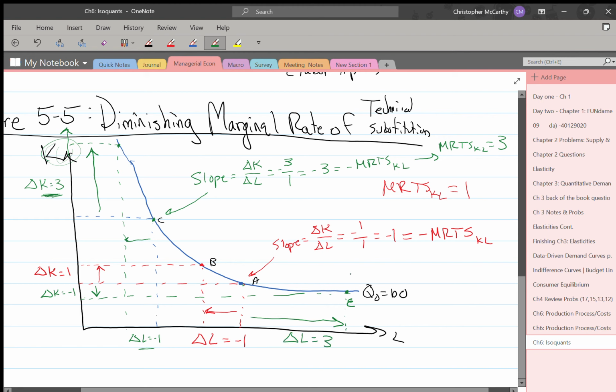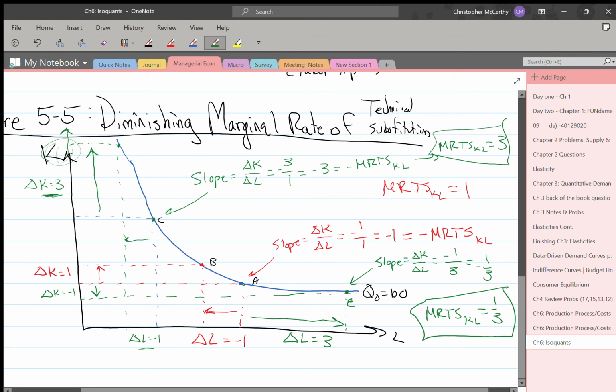And so what would our slope be here? It'd be negative 1/3. So our marginal rate of technical substitution, the absolute value of that slope, is going to be equal to 1/3. So we can see this declining marginal rate of technical substitution, right? It's 3 here, and then it's 1 here, and then it's 1/3 here.